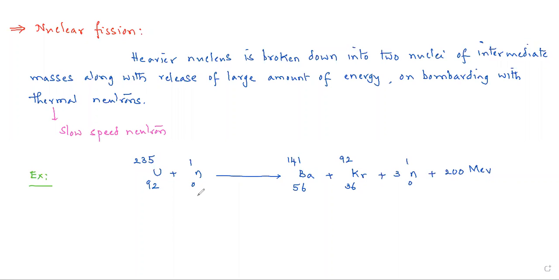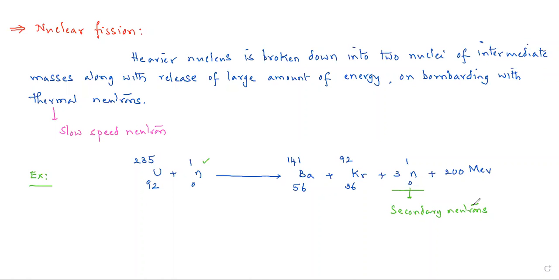Now see, this is a thermal neutron, and the neutrons that are formed are called secondary neutrons. You know, in general, we get 3 neutrons or 2 neutrons, or even sometimes 4 neutrons in very few cases.